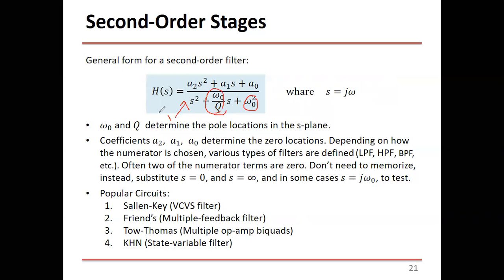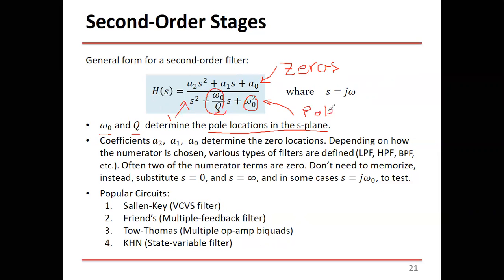If you'd like to design one, you can determine omega 0 and Q by the pole location in the S plane, okay? Because poles come from the denominator, not the numerator. The numerator has zeros, right? This one gives you the zeros. And this one gives you the poles.